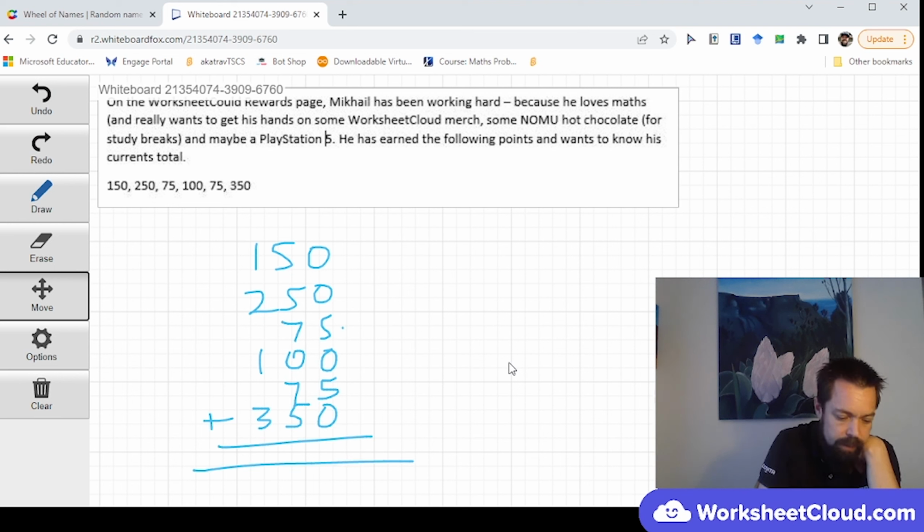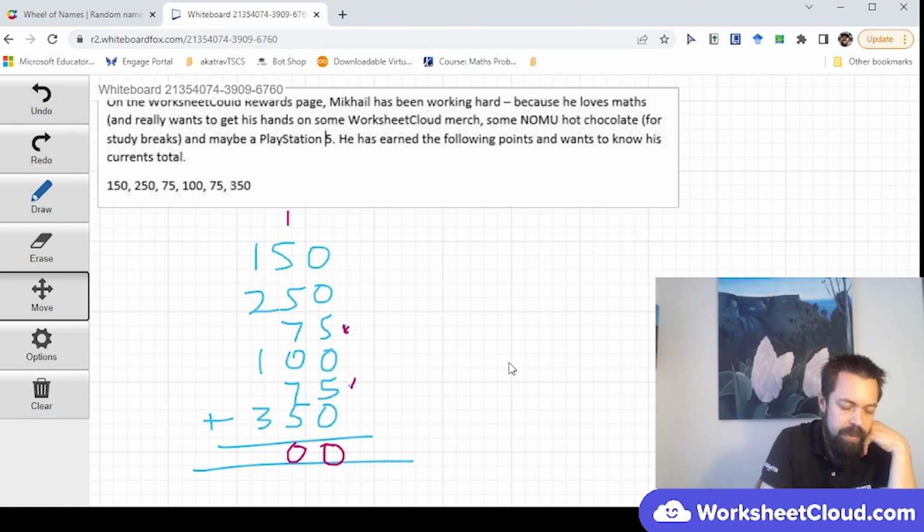Okay, in my final column I have 5 plus 5 is 10, carry the 1, 11, 18, 25, 30. That's where mental arithmetic really helps, or your bonds.